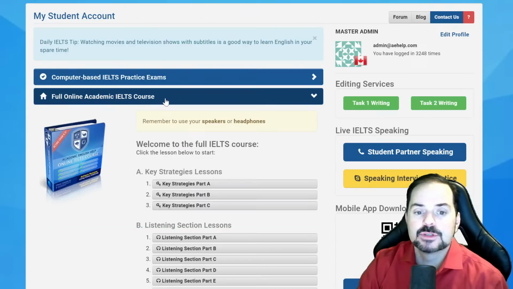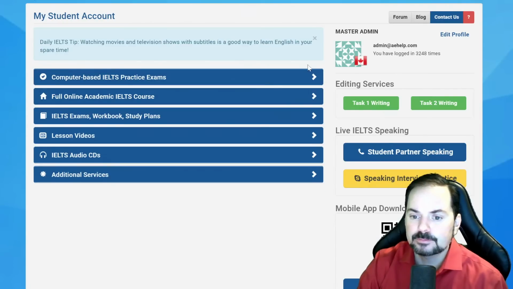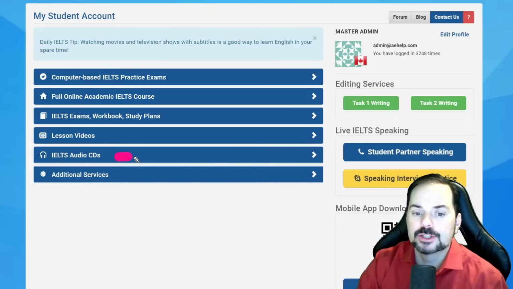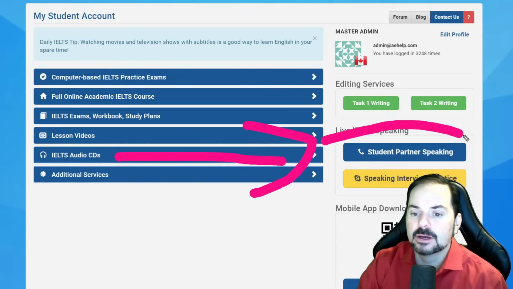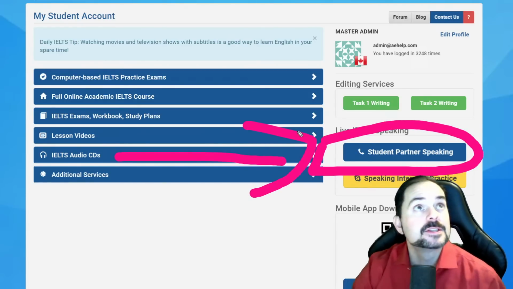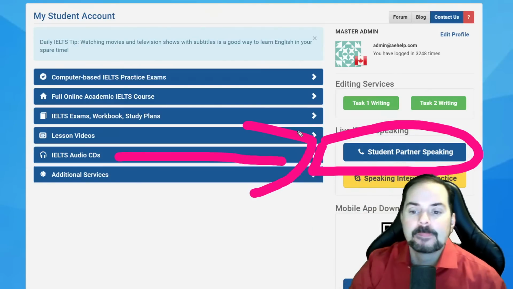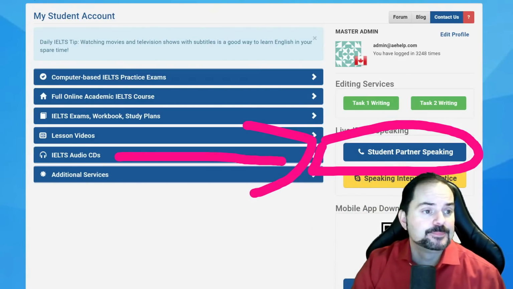All right, so when you get into your My Student account and then you see your computer-based practice exams, your online course, your exam books, and lots more, you will also see this big blue button here. It's the Student Partner Speaking. That's just right there above my head. Okay. Click on that.